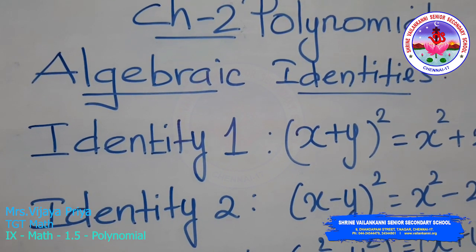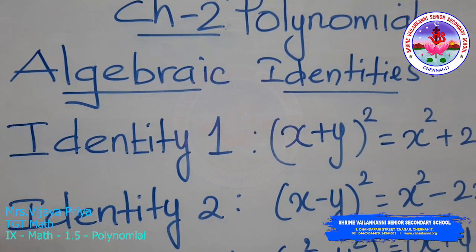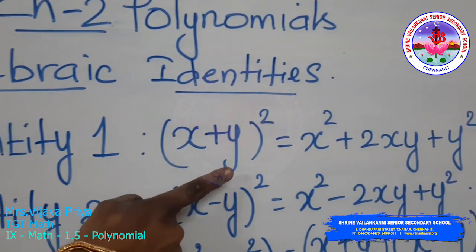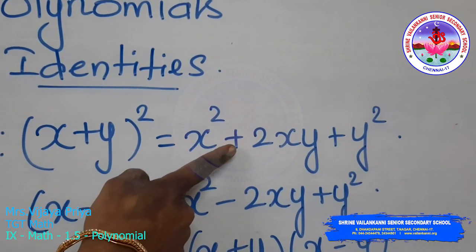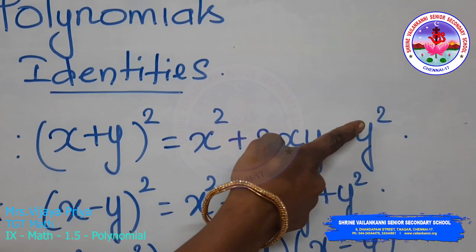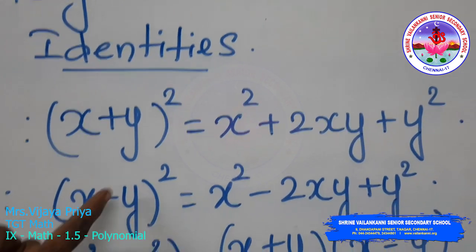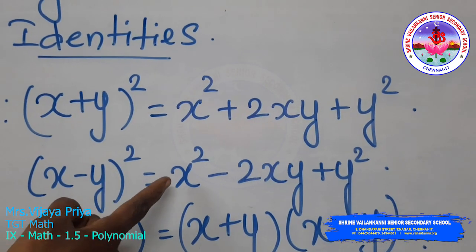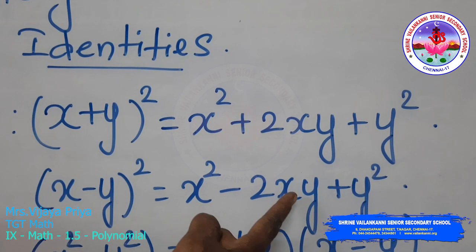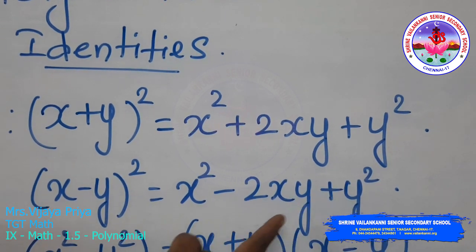First identity: (x + y) the whole square is equal to x squared + 2xy + y squared. Identity 2: (x - y) the whole square is equal to x squared - 2xy + y squared.